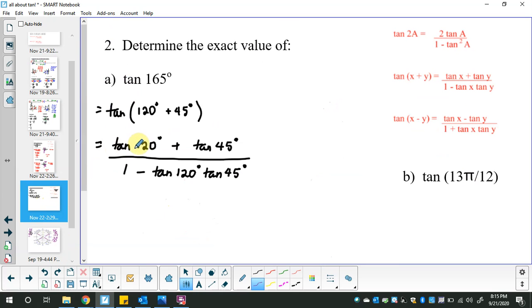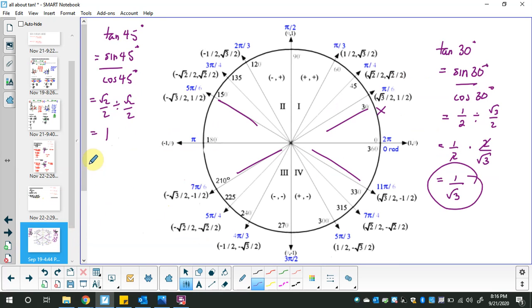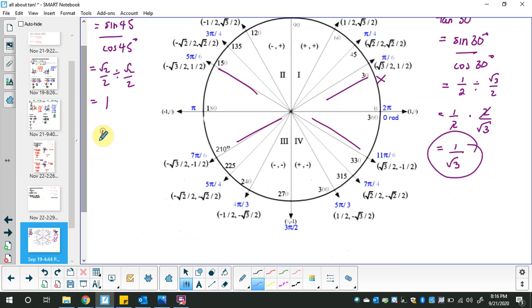I now need to figure out the tan of 120. So going through the exact same steps, tan of 120 degrees is equal to sine of 120 degrees over cos of 120 degrees. So sine is root 3 over 2 divided by cos, which is negative 1 over 2.